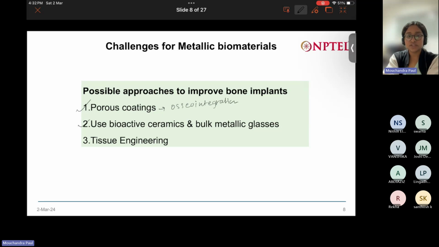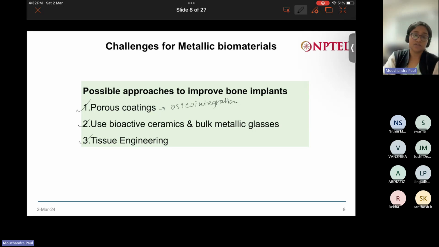Once osseointegration happens properly, then migration of cells, osteoconductivity and osteoinductivity will all happen simultaneously or one after the other. And people have also thought of the strategy of growing bone tissue in vitro, outside the body in the lab, and then implanting it.